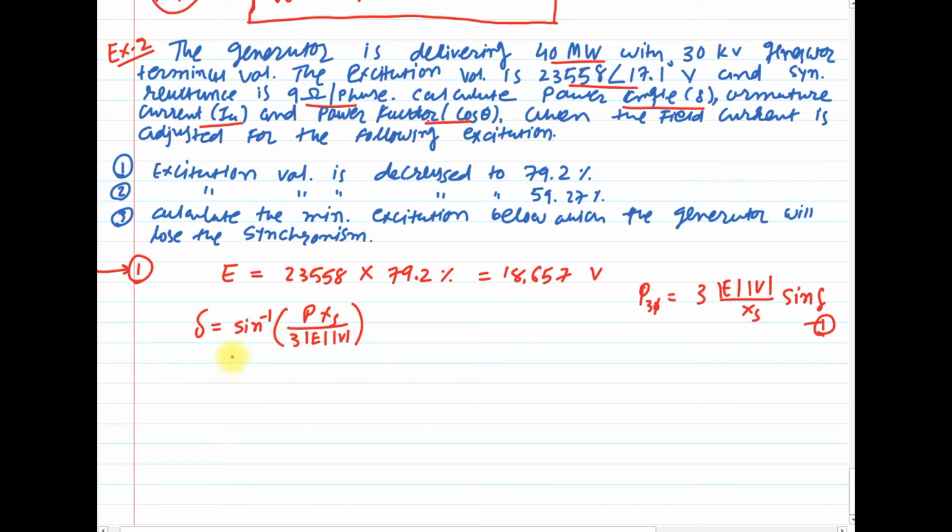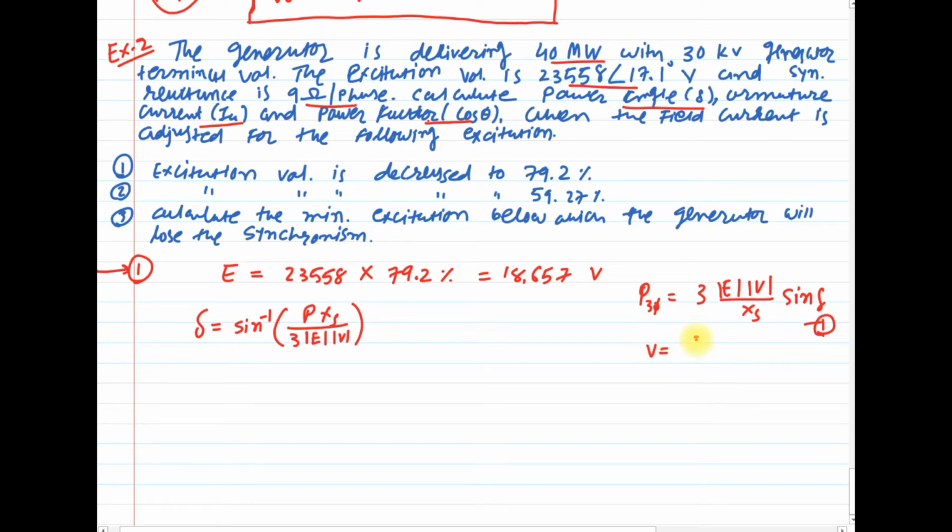Just substitute all the values which are given: P which is 40 megawatt, XS which is equal to 9 ohm, E which is 18657 volt, and the value of V we need to convert into per phase.